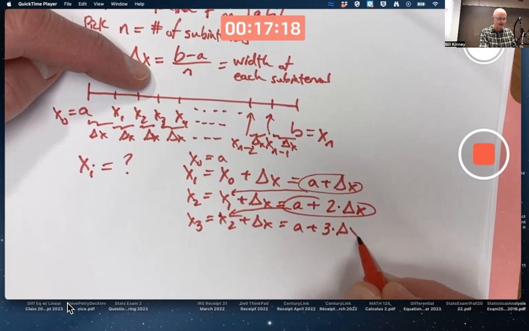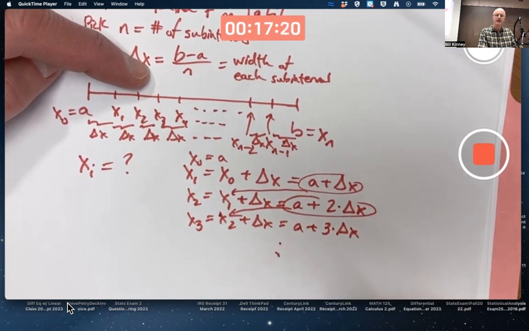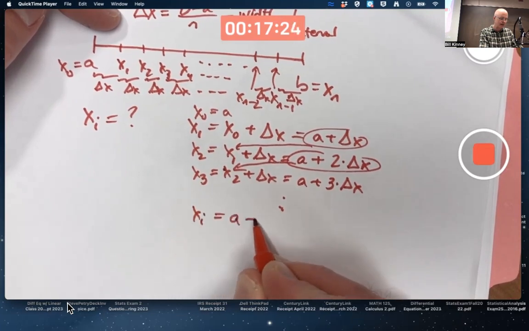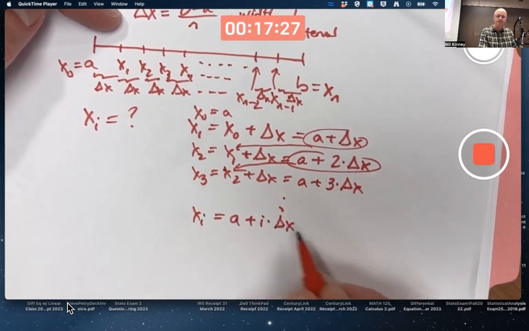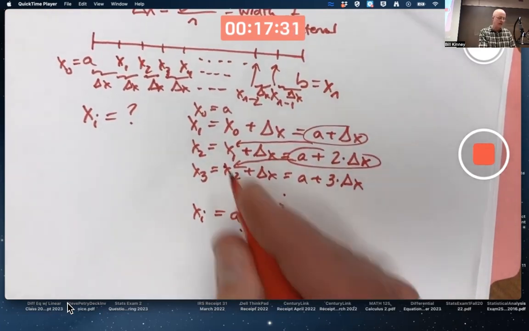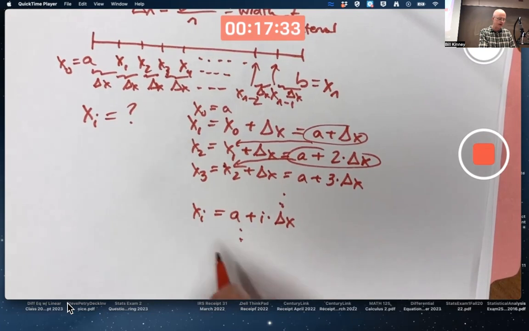You see the pattern? In general, x sub i is going to be a plus i times delta x. i can be any number, 0, 1, 2, 3, etc., up through n.